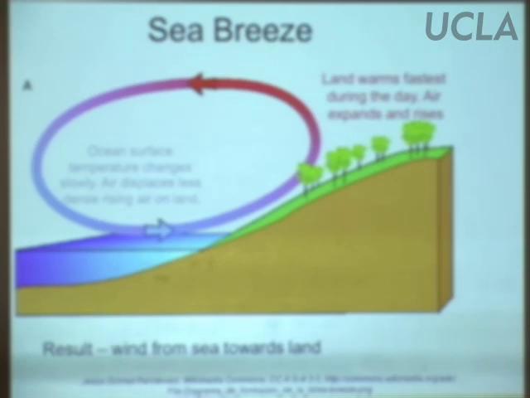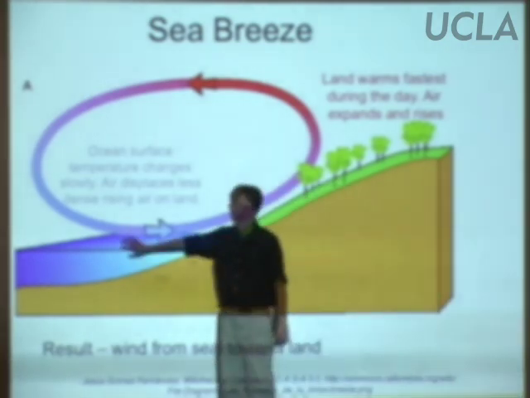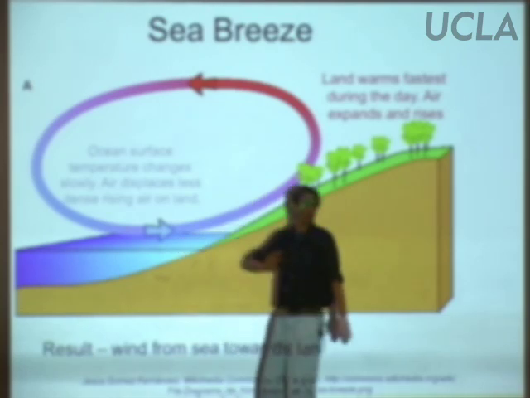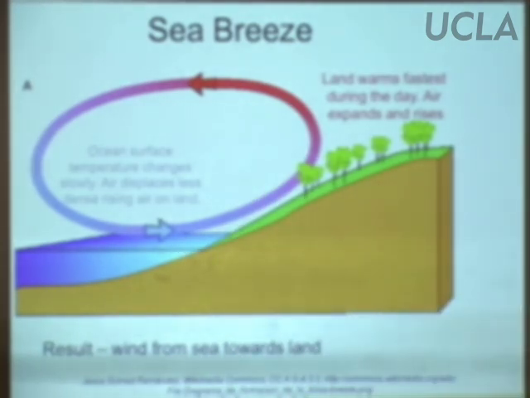It's going to tend to rise. Air over the ocean surface temperature doesn't really change very much. It doesn't really even know that it's daytime, from the point of view of its temperature. So it's staying the same. So it's getting surpassed in its temperature by the land air, and therefore it's becoming more dense than the land air. So land air rises and gets replaced by denser ocean air flowing onto the land.